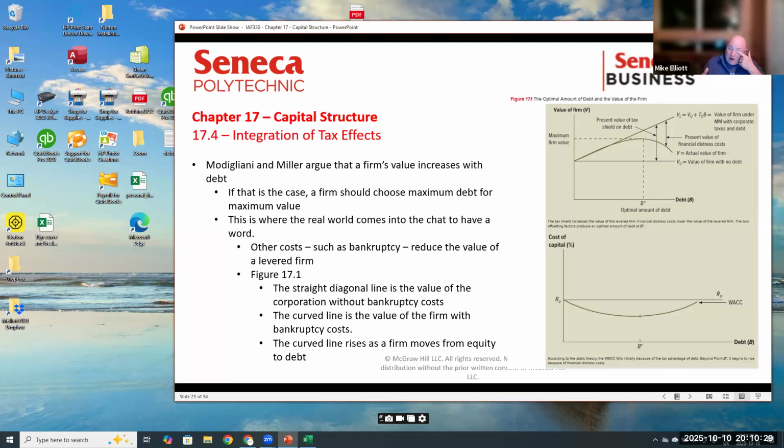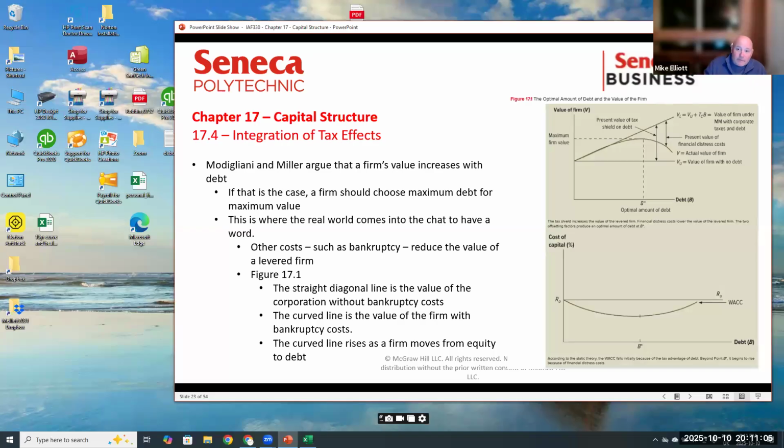And there's going to be a point where, as you get more and more debt, the likelihood of financial distress goes higher and higher, and the costs associated with financial distress overwhelm the benefits of your tax shield from the interest. So there is a point where we've hit the optimal amount of debt we can have. We have maximized return to the firm, and now we're only going to go downhill from here.